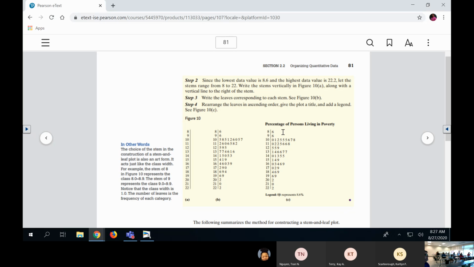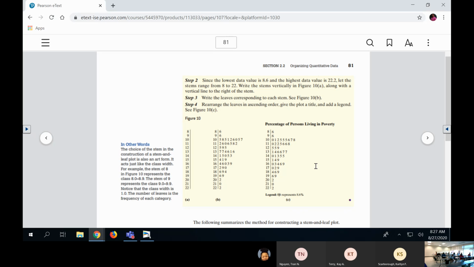Right here on the right, that's the stem and leaf. 8.6 is your lowest value and 22.2 is your upper value. You got 21.0, you got a 20.2, you got a 19.6 and 19.9, 18.4, 18.6, 18.9, and so on.